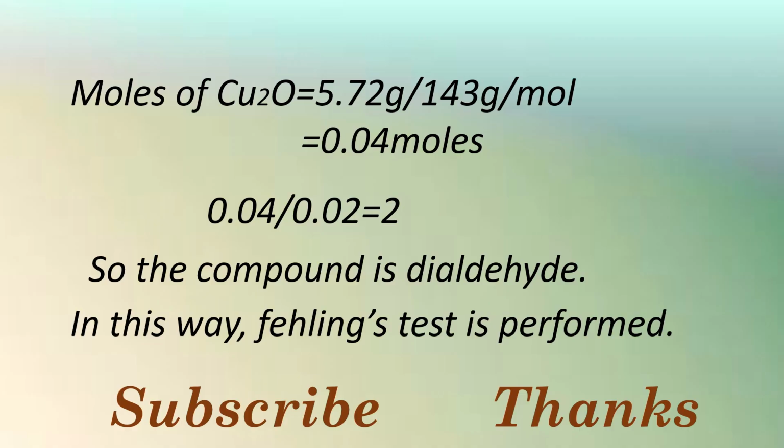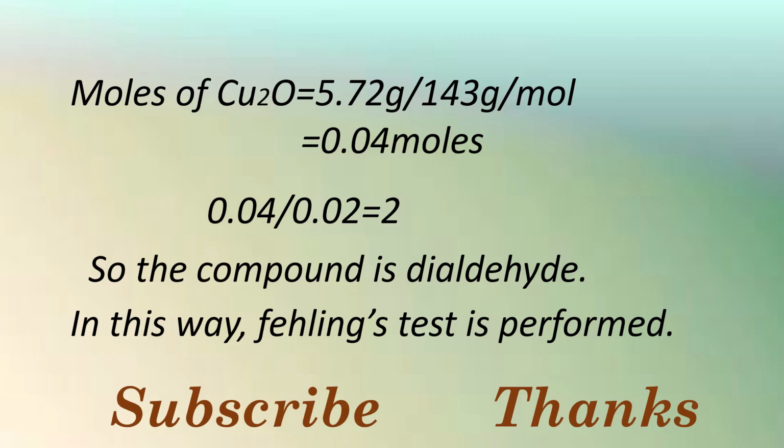Now we calculate moles of copper 1 oxide is equal to 5.72 gram divided by molecular weight 143 gram per mole. After solving, moles of copper 1 oxide is calculated to be 0.04 moles.